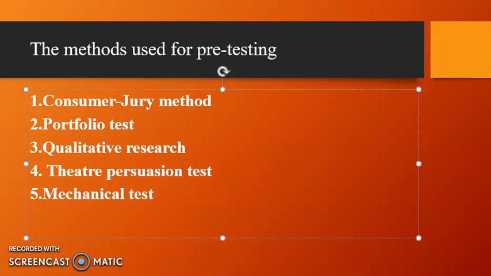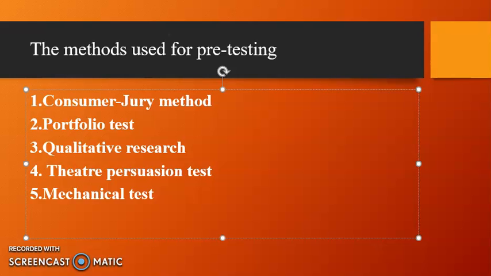They take a small number of customers and evaluate their response to that advertisement, whether they were able to understand the message conveyed through it. Only after such a pilot study will we know whether it will be effective when you publish it in the media, or else the amount used for publishing will also become a waste. That is why we do pre-test.